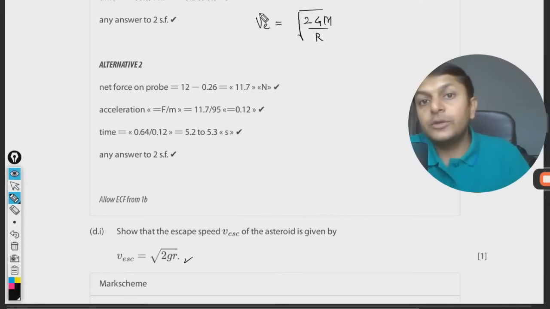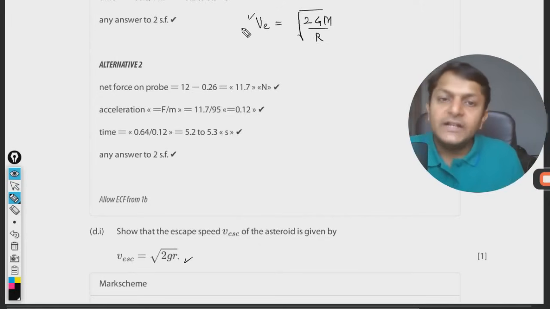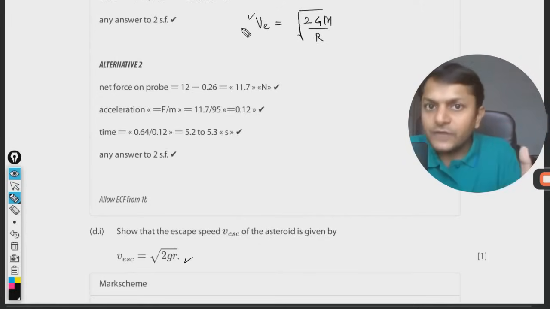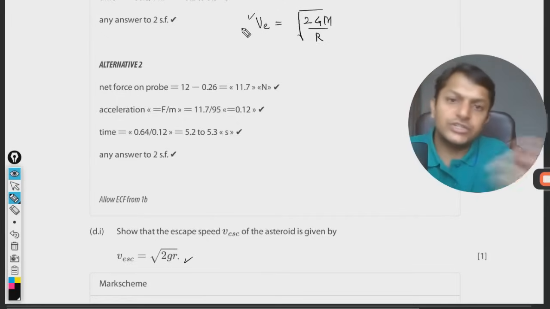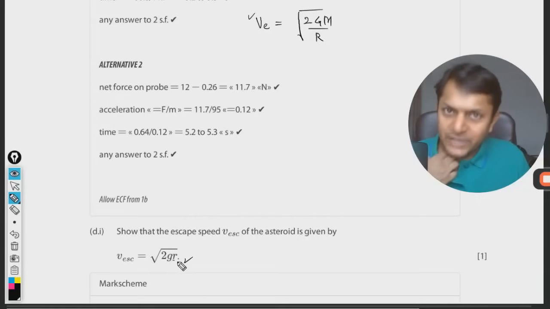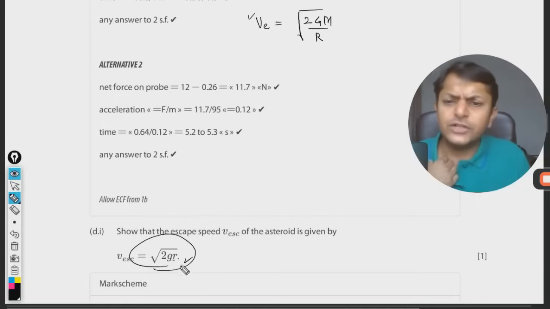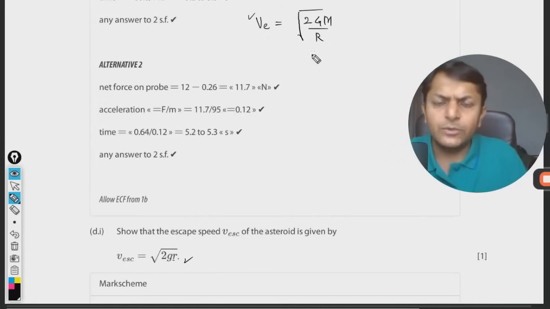So you are literally talking about the escape speed when the rocket is at the surface of the planet. So R is the radius of the planet. This is the escape speed. The formula I think is given in the data booklet also. Now this formula, root of 2gr, is not given there, okay, but it is also a very popular formula, I would say, and it is used time and again, but I think this is not given in the IB data booklet.